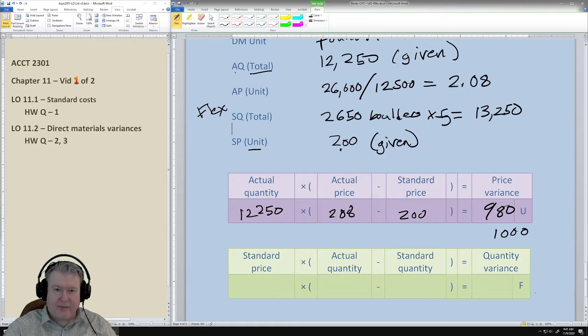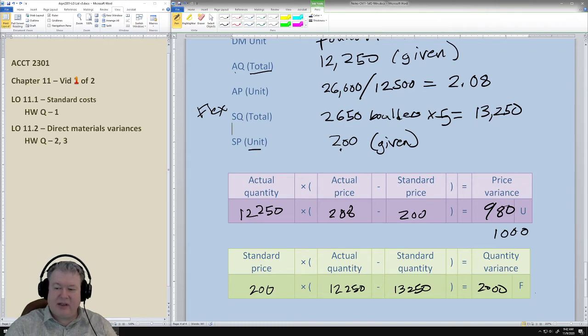Standard price, $2. And the reason why it's unfavorable is because the actual price that I paid was more than my standard. So I actually paid more than I had budgeted. So standard price times the actual quantity minus the standard quantity, well, we can see here we actually used less than our budget, and that came out to 2,000.